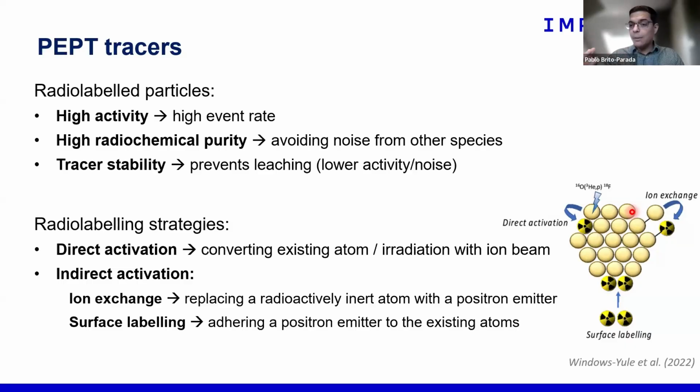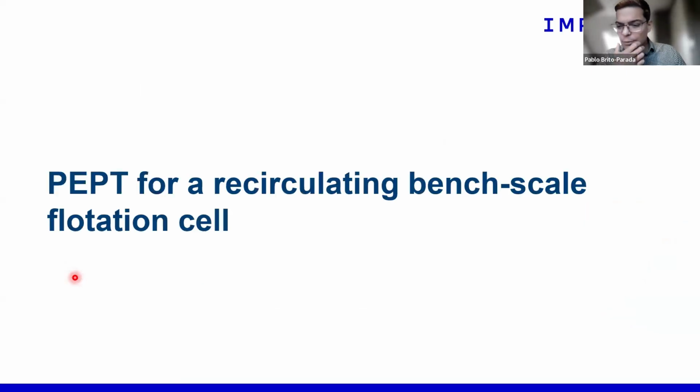Or we can do surface labeling, in which we just make sure that those positron emitters can be attached to the surface of other atoms. So that's the surface labeling technique. I will talk a bit more about indirect activation in particular, because the type of surface modification that we have done to develop valuable hydrophobic or hydrophilic tracers depends a lot on this technique, and also some of the recent developments as well. But let's start with some of the examples.